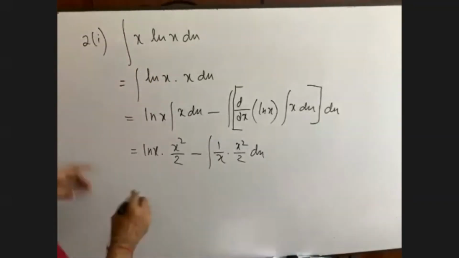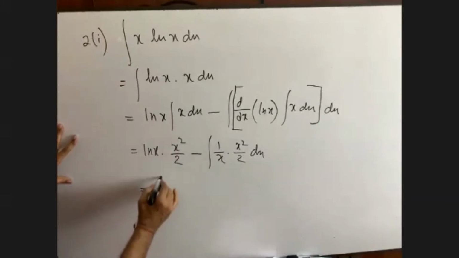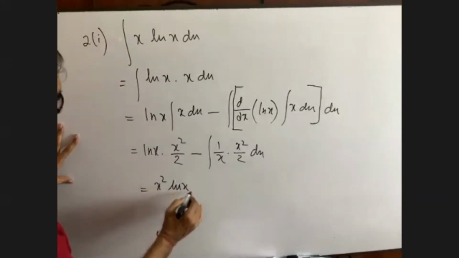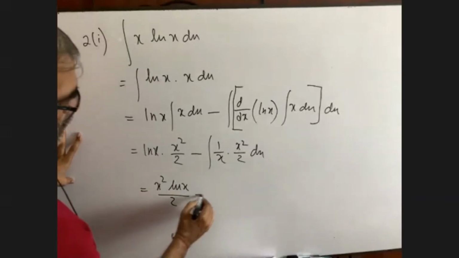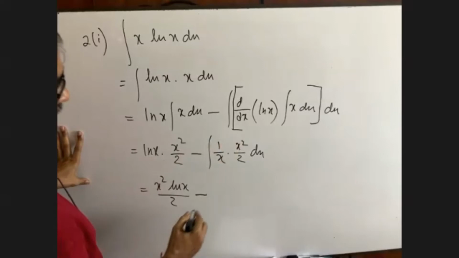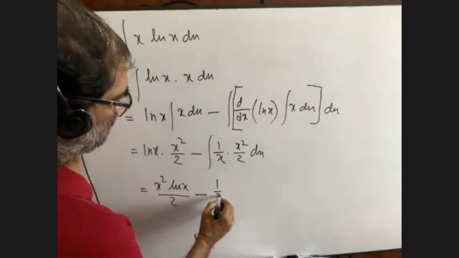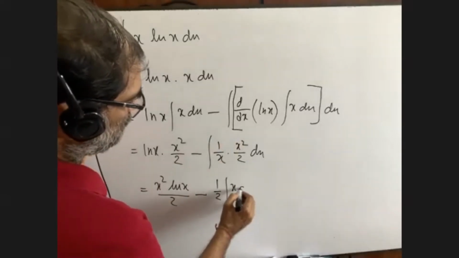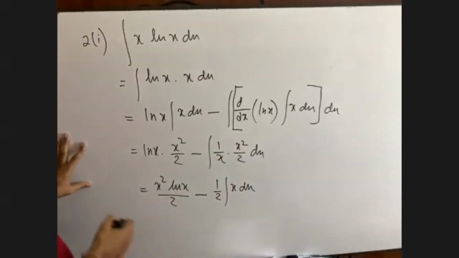Okay, now we get x square ln x by 2 minus, you cancel it, x by 2, that is half, x dx.